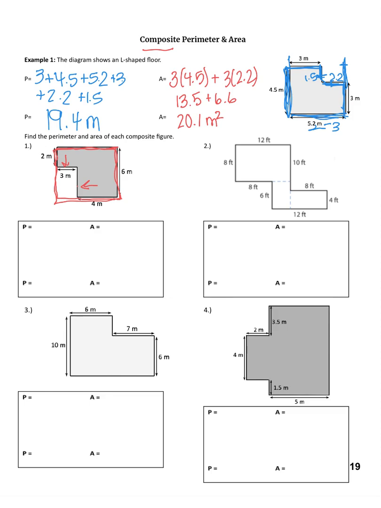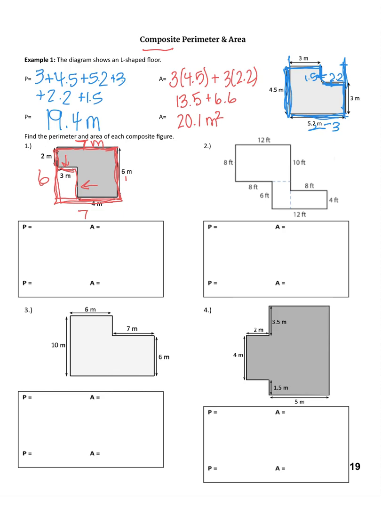What you're going to find is that the perimeter of this L shape is the same as the perimeter of the whole shape that we could create. Since this is 6 and this is 6, that means over here would also be 6. And since this is 4 and this is 3, the long side here is actually 7 meters, because 3 plus 4 is 7.